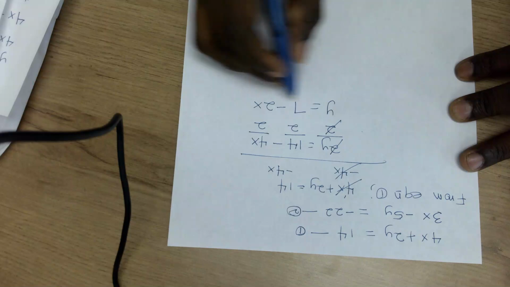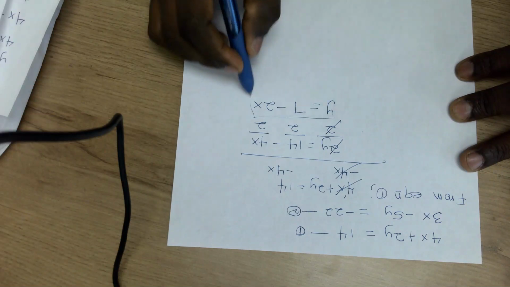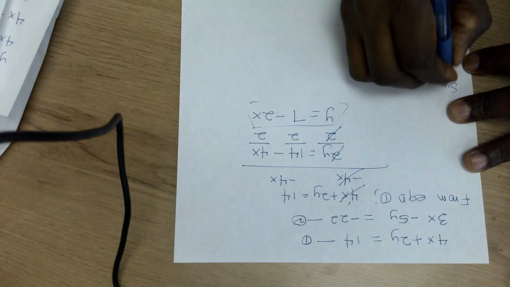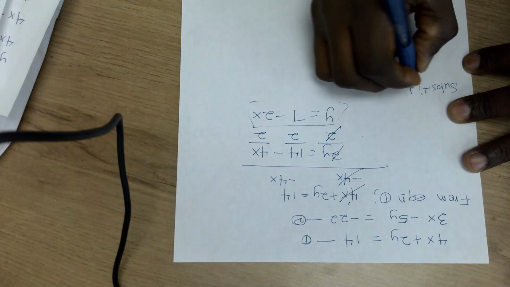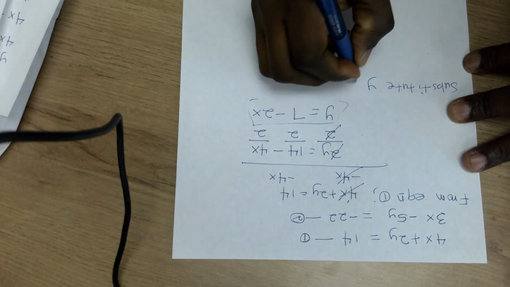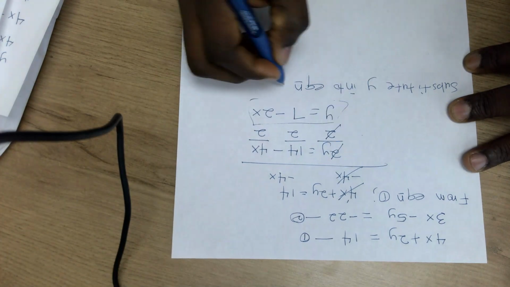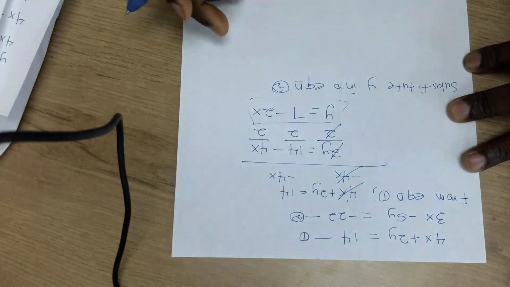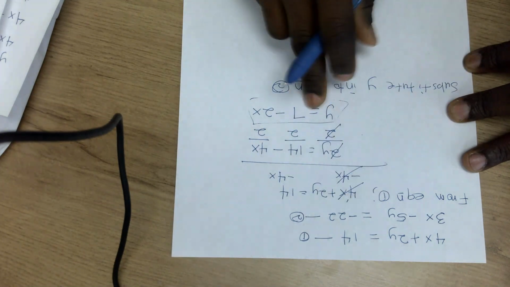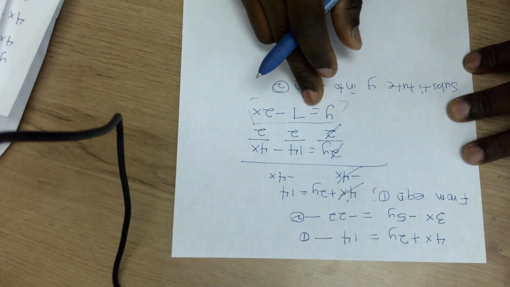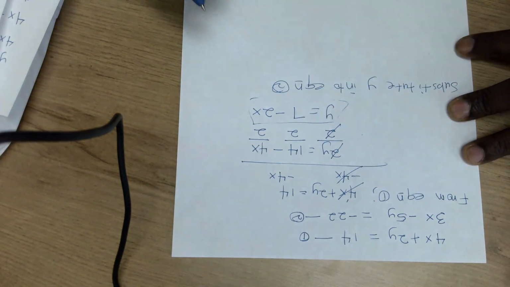All right, now that I have my y as this, I'm going to substitute y into the second equation, equation 2. You can't put it into equation 1 because out of equation 1, that is where you made y the subject. So we substitute it into equation 2.